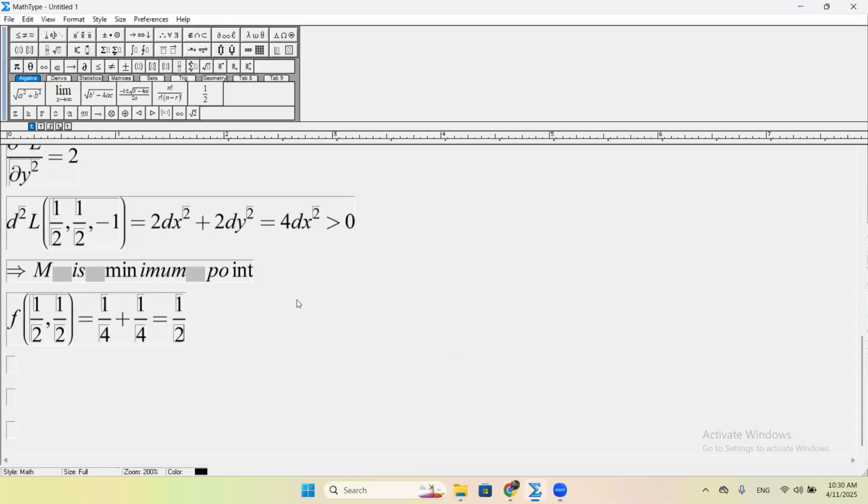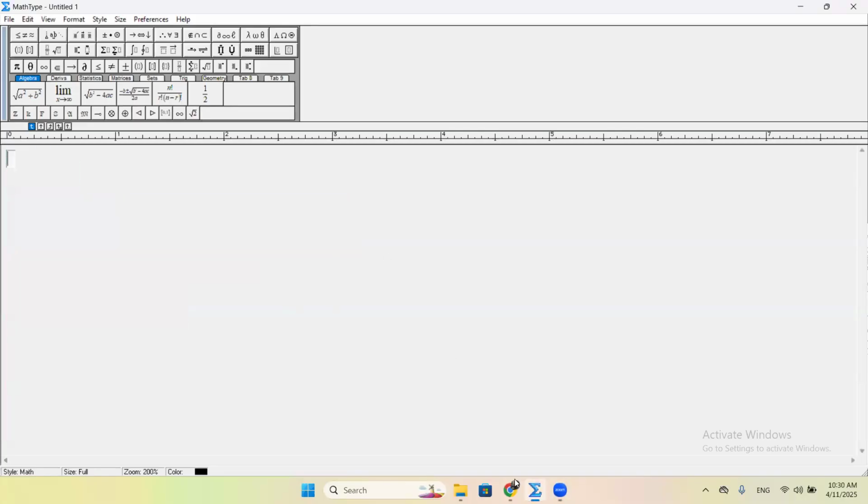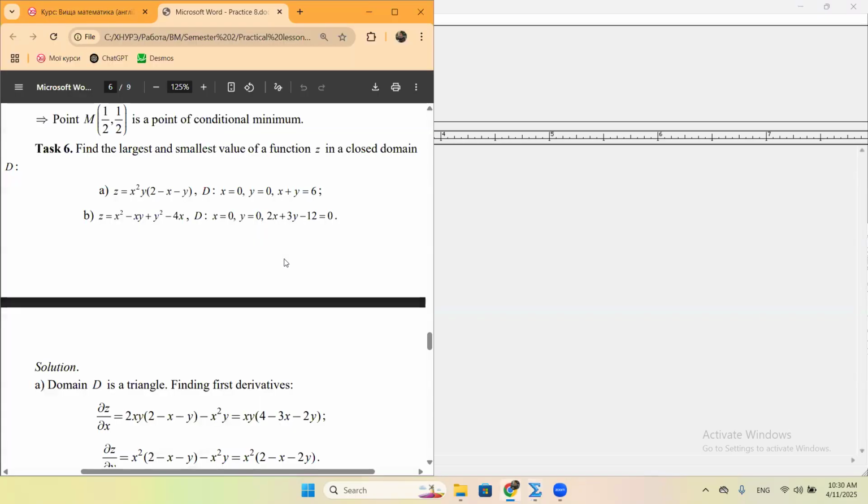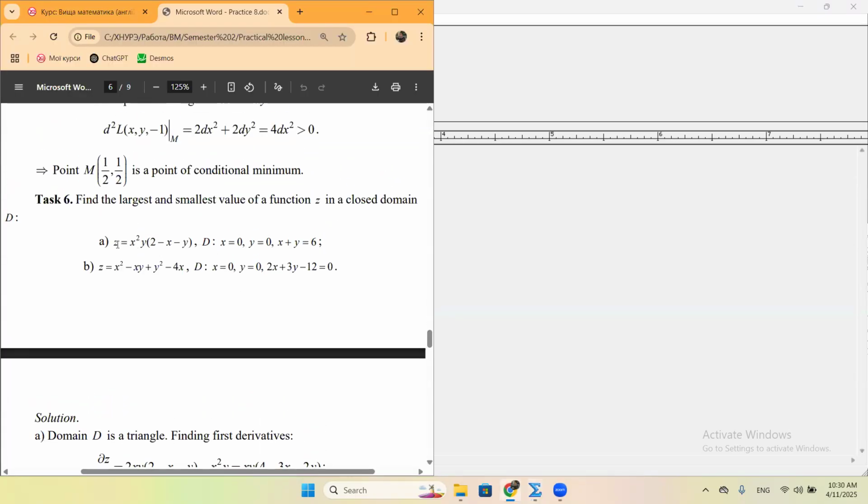Okay, let's continue. I'm sharing my screen now. So what do we have to do? We have the following polynomial function, and we have the following domain given by straight lines: x equals 0, y equals 0, and x plus y equals 6.